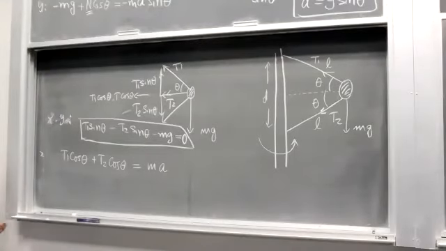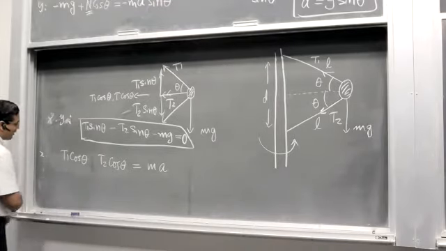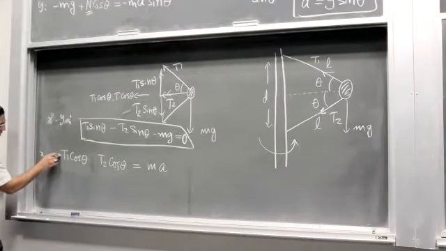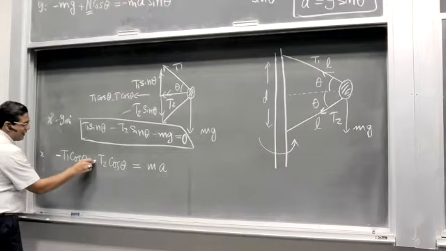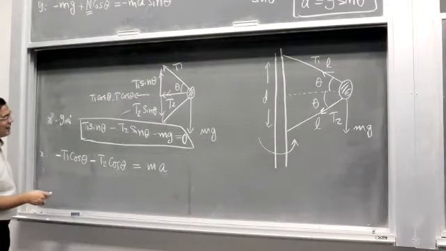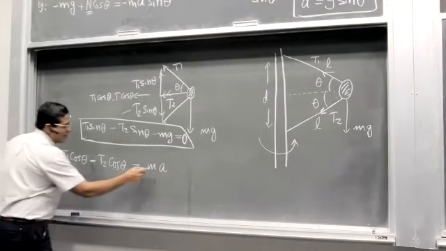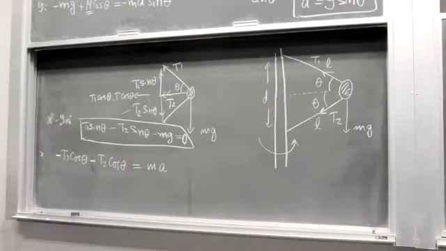Yes, I have just tried to trick you, but you are not buying it, right? So both of them are minus. Okay, fine, let's keep them minus. But what about the acceleration here? Is it 0?